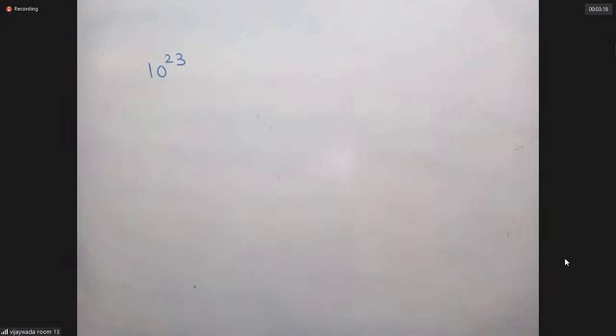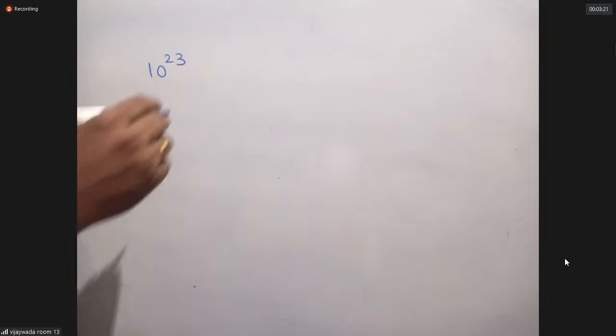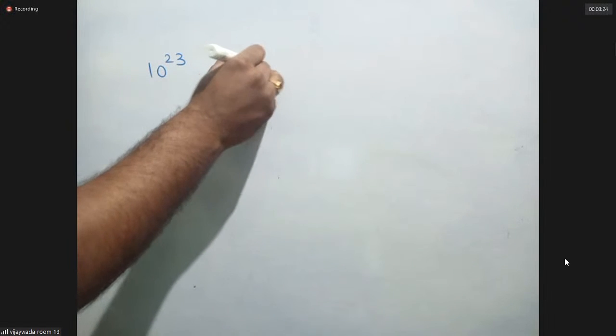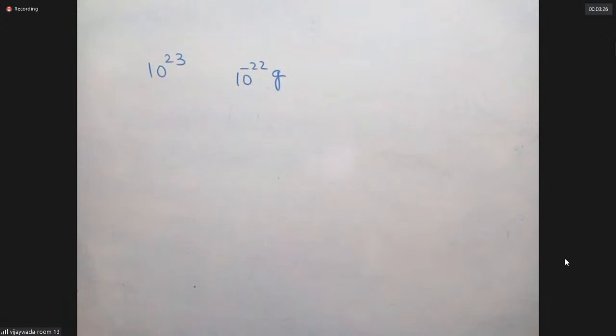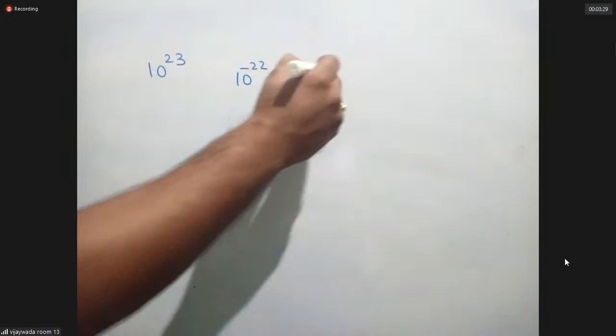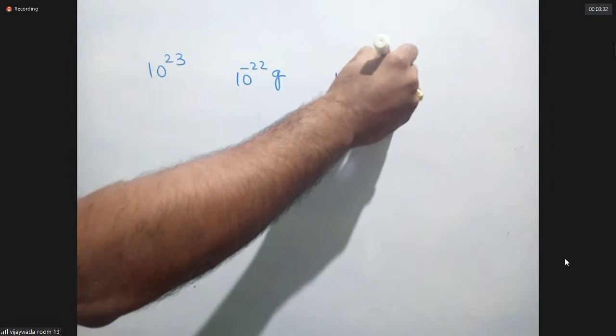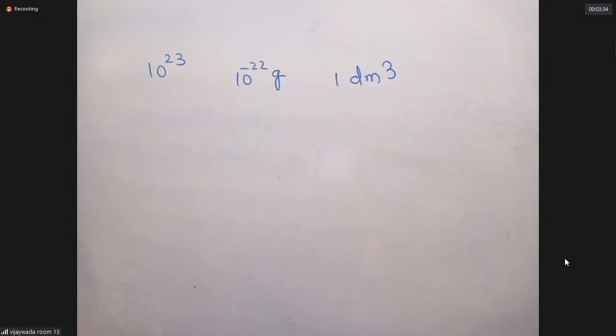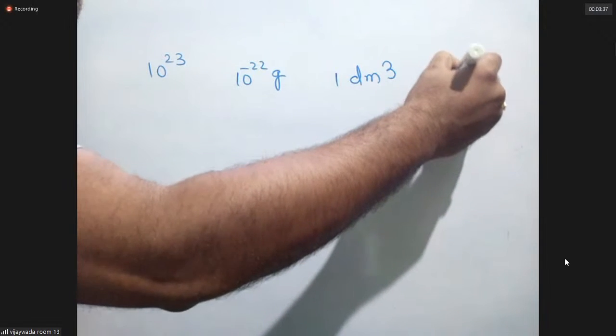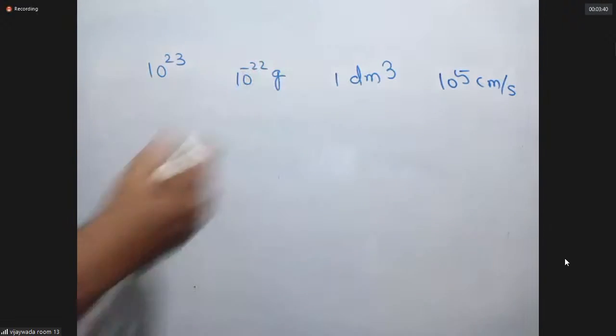So the question is, calculate the pressure in Pascal exerted by 10 to the power of 23 particles, and each particle has mass 10 to the power of minus 22 grams, volume 1 decimeter cube, RMS velocity 10 to the power of 5 centimeter per second.